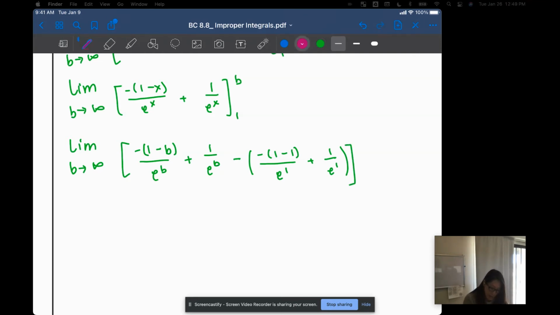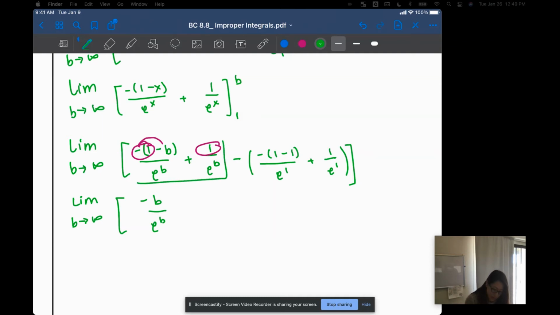So I notice that I'm basically subtracting 1 and then adding 1. So I have the limit as b approaches infinity of negative b over e to the b, because I'm going to combine these two fractions by adding. Okay, then this 1 minus 1 zeros. Okay, and then so I'm just subtracting out 1 over e, just regular e.